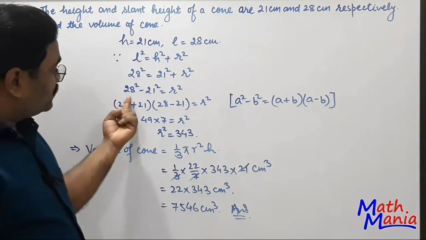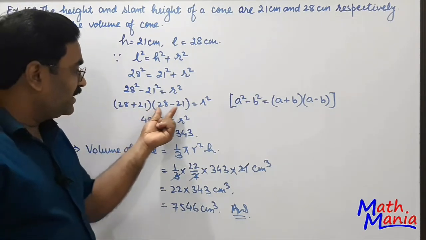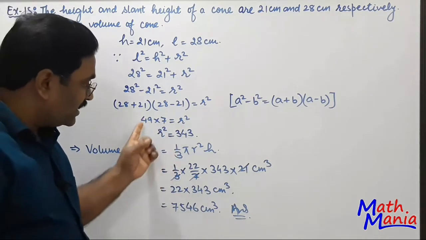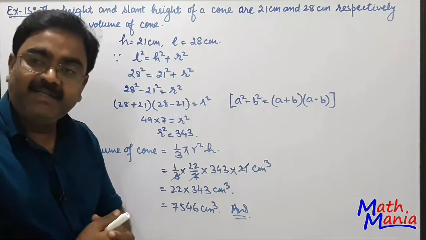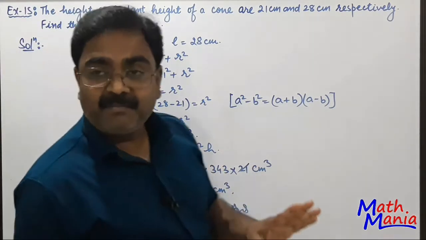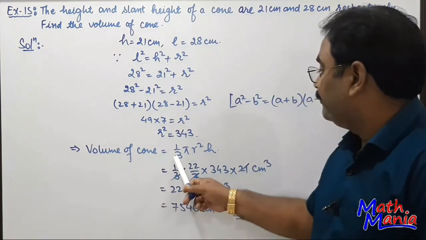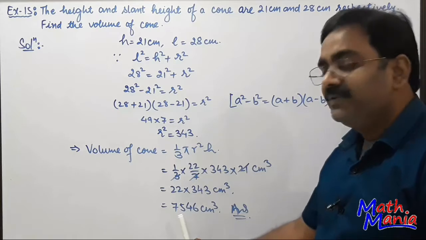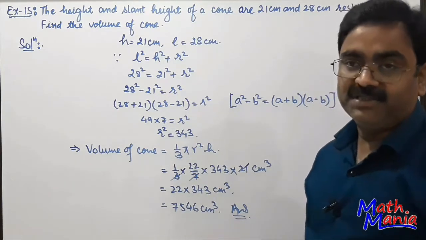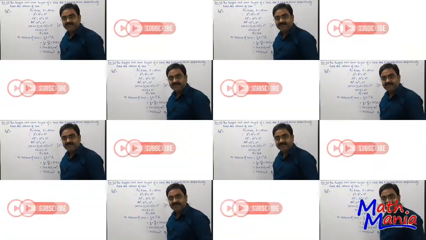So this 28 square minus 21 square can be written as 28 plus 21 into 28 minus 21, which is 49 into 7. So R square की value हमें मिल गई 343. After getting the value of R square, we have applied it in the formula of volume of cone 1/3 pi r square h. फिर हमें आंसर क्या मिला, 7546 cubic centimeter is the volume of that cone, right friends?